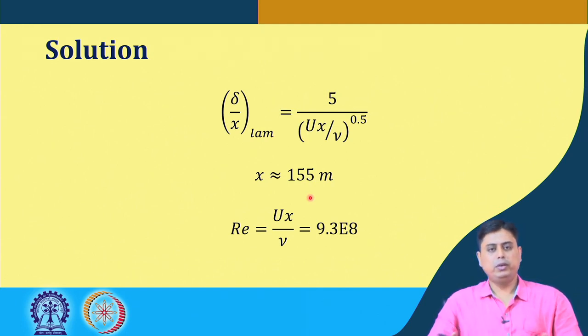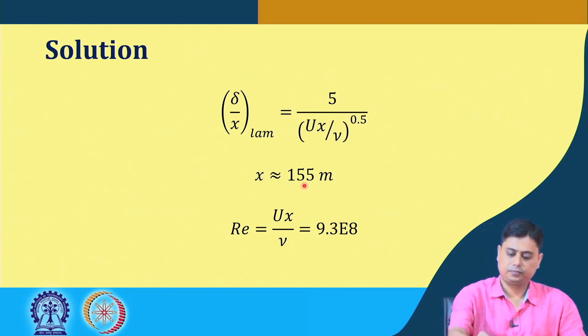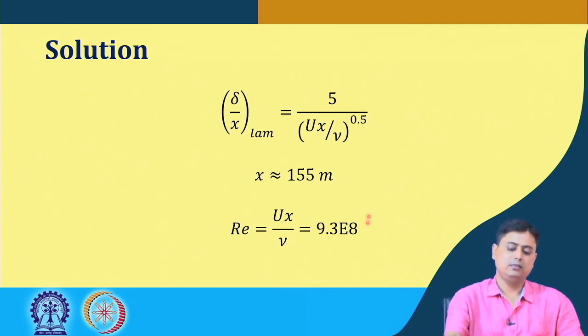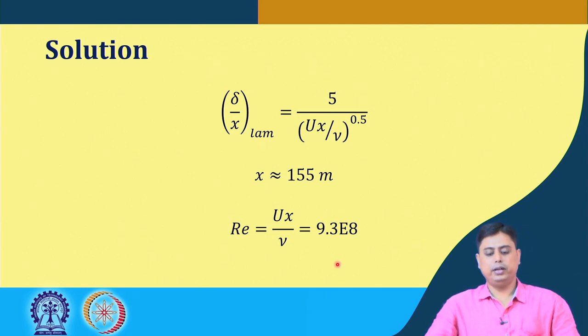We calculate back whether our assumption of the Reynolds number in the laminar zone was right or wrong. So, we calculate the Reynolds number based on this x. Here u was 6 meter per second, x is this value, and kinematic viscosity is already given. If we place that, we see that this value comes out in the range of 10 to the power 8 or 10 to the power 9.